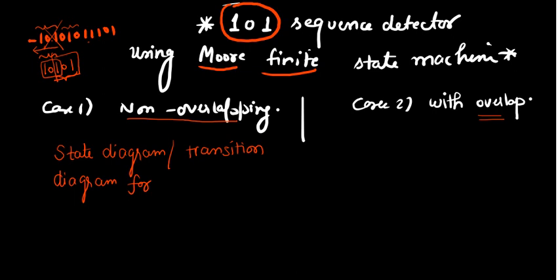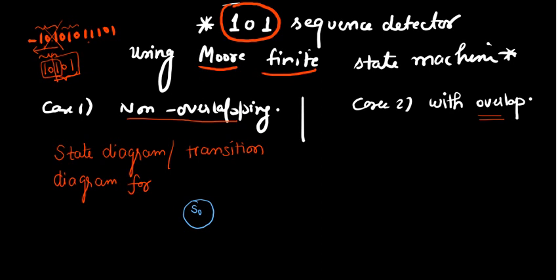So for this, let us assume that we are in initial state of S0, reset state. We are in S0 state, and we are waiting for the sequence 101, right? Because our aim is to detect 101 sequence. So this is the initial state or reset state. We are waiting for 101 to occur.